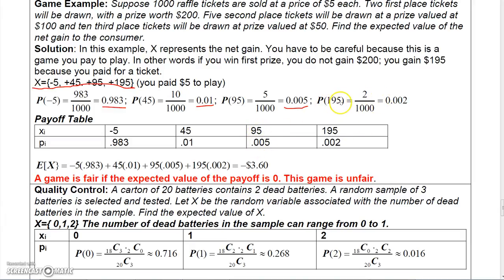And then for the $195, the probability is 2 out of 1,000, 0.002. And then if you multiply each of these together and add them up, you'll see that your expected value is $3.60 in the negative. So that means that the average person is going to lose $3.60.